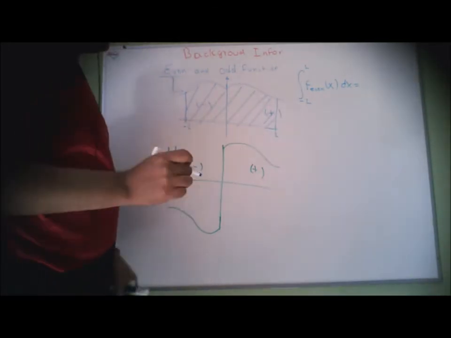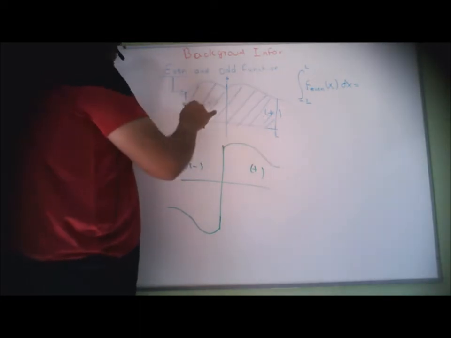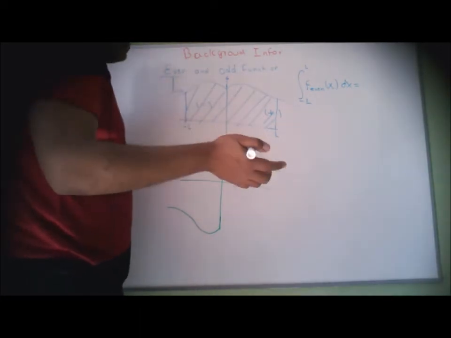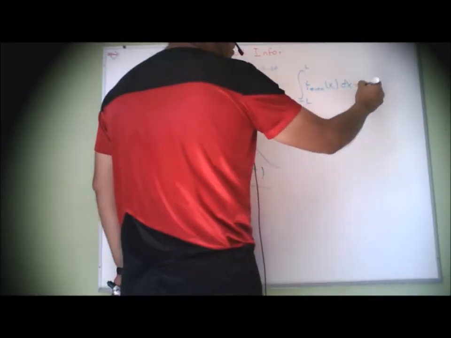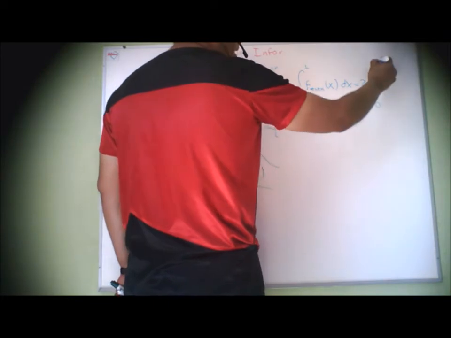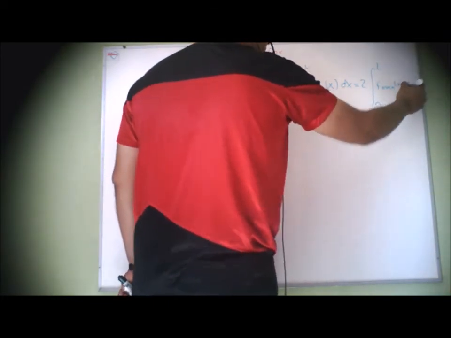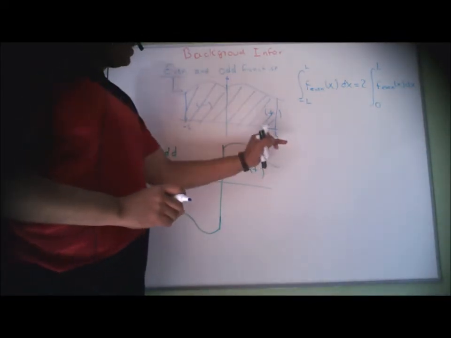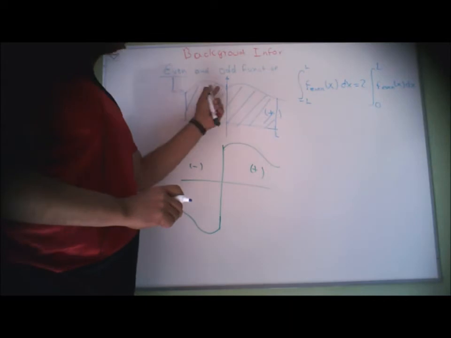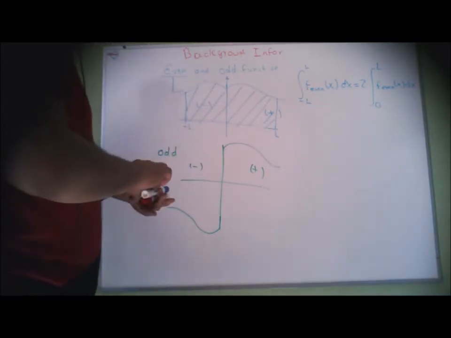Because it is an even function, what happens on the positive is the same as the negative. So there's no need to calculate from minus L to L. What you can do is 2 times the integral from 0 to L of the even function, differential of x. Alright? So you just calculate from 0 to L and then you multiply times 2 because it is actually the same area.